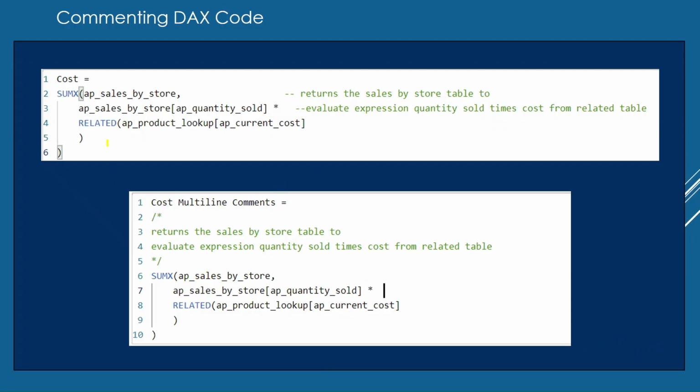Here I am writing a measure that calculates the total quantity sold, and here we are putting certain comments. These are single line comments. Similarly, here we are calculating the total sales of a store, and with the help of this syntax we are putting multi-line comments.